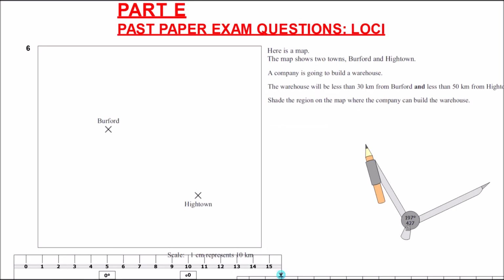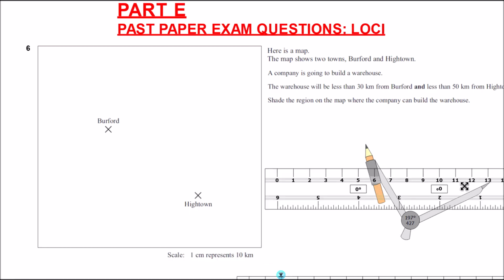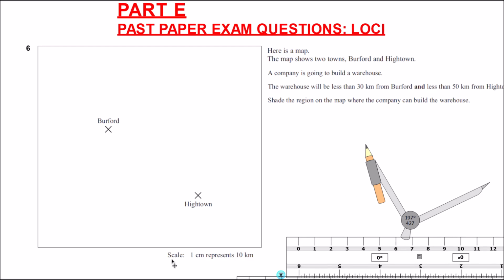Question 6, we've got 2 towns, Burford and Hightown, and this company is going to build a warehouse that's less than 30 kilometres from Burford and less than 50 kilometres from Hightown. I'm saying centimetres because that's how we're going to represent these distances on the diagram.